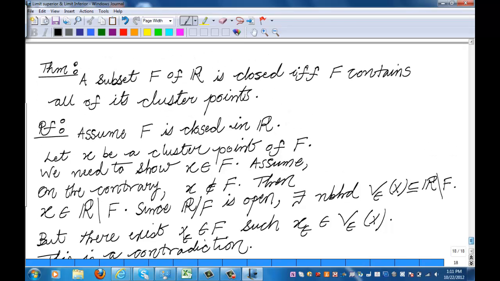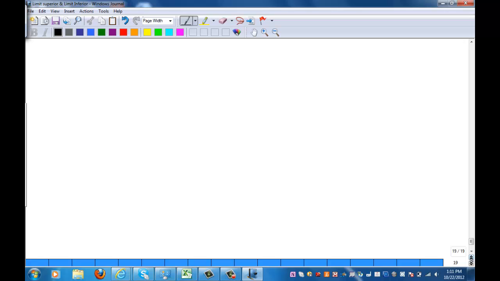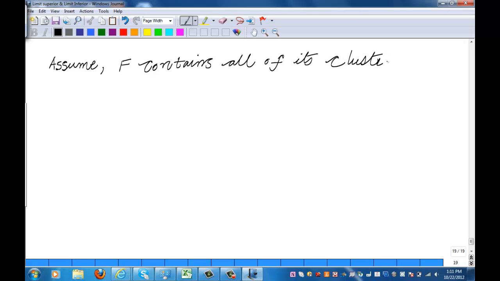Okay, now the other way. Let's now assume that F contains all of its cluster points and show that it is closed. So assume F contains all of its cluster points. We want to show that F is closed, right?